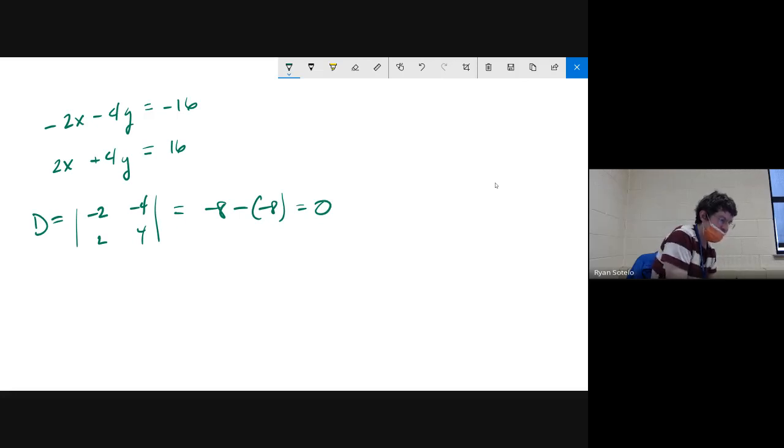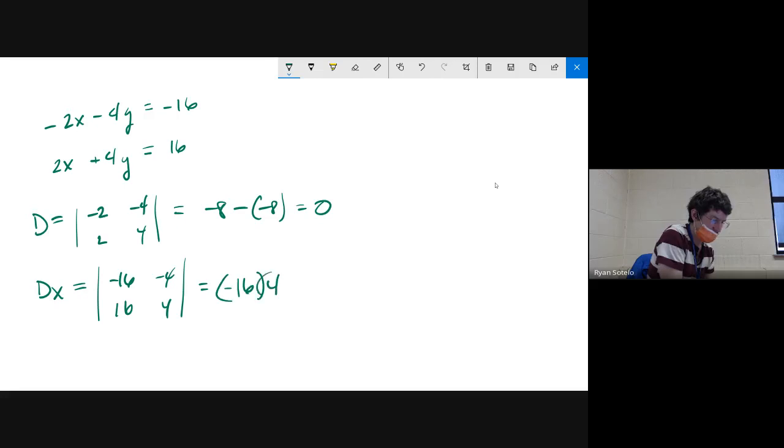I guess probably the other matrices might be 0 as well. I think they will be. So if I did -16 and 16, and then -4 and 4, I'll get -16 times 4 minus -4 times 16. So these also come out to 0. So in this case, x would be not a number over 0, but 0 over 0.